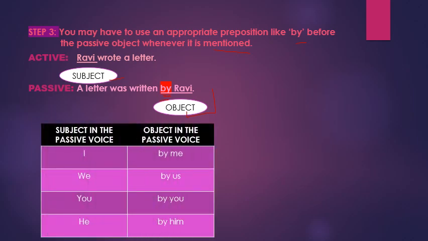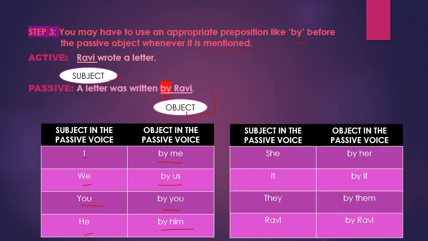See, subject in the passive voice changes into these objects. I becomes by me, we becomes by us, you becomes by you, he becomes by him, she becomes by her, it becomes by it, they becomes by them, and if there is any name, for example Ravi, will become by Ravi. So I hope this step is clear.